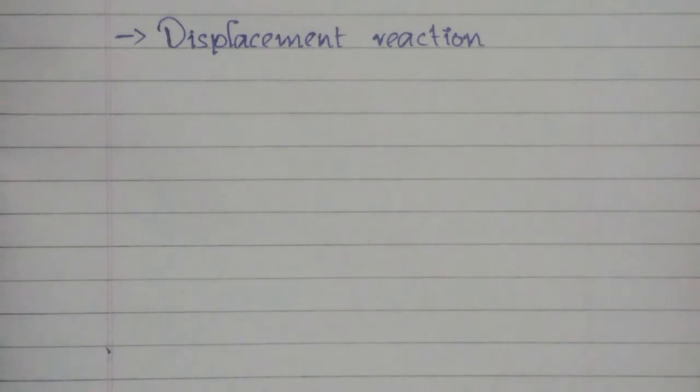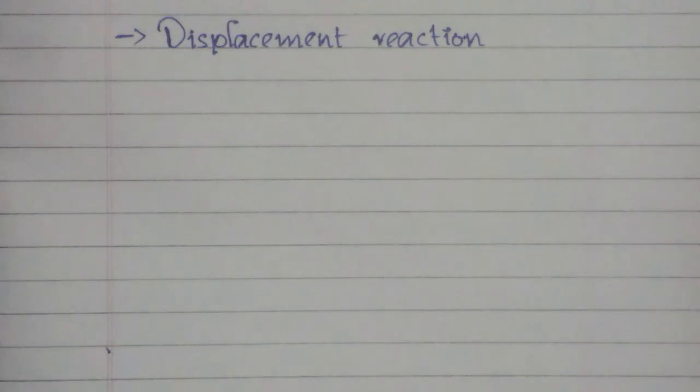Next, we are going to learn a major type of reaction, that is displacement reaction, also called single displacement reaction. A displacement reaction is a chemical reaction in which one element replaces another element in a compound.